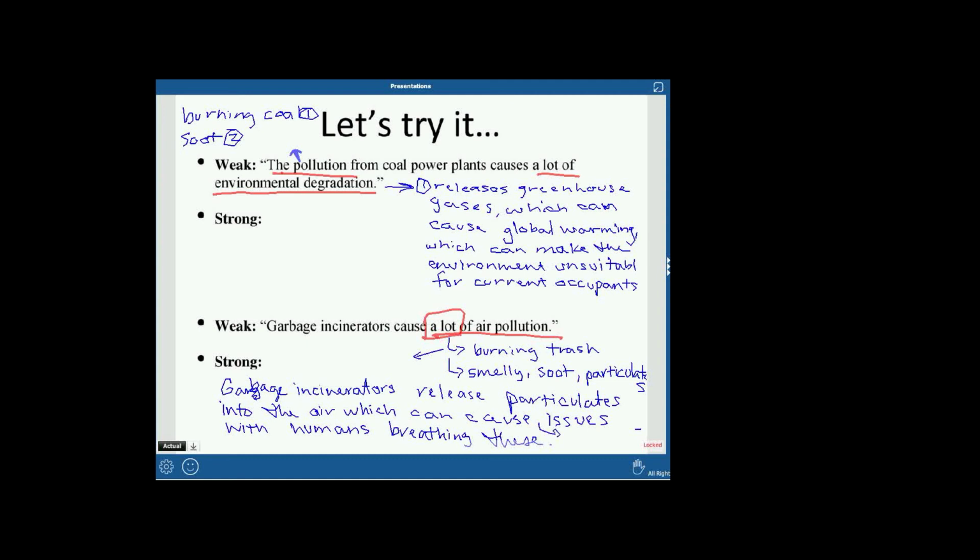Okay, and you could even say health issues if you wanted. You could talk about asthmatics or something like that, breathing the particulates in. But then you're getting a little more detail, right?